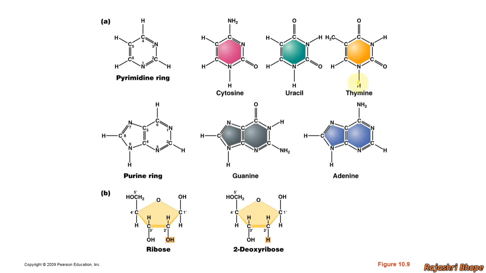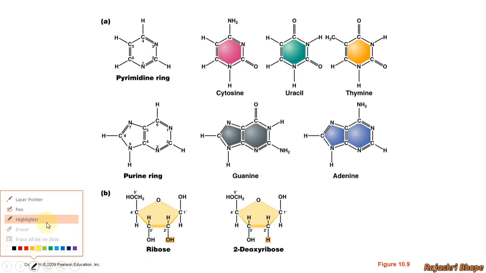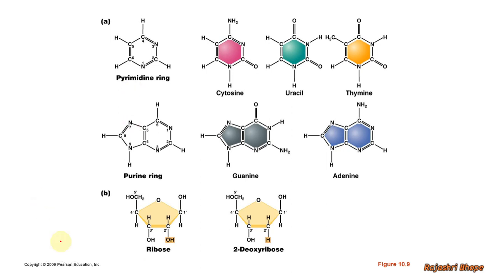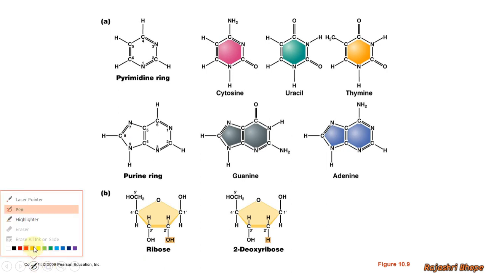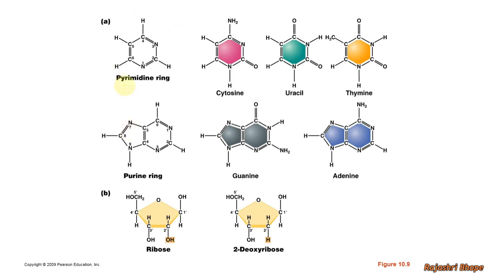So these are purine and pyrimidine rings. This is the pyrimidine ring, this double ring structure is purine, and this one is ribose sugar.